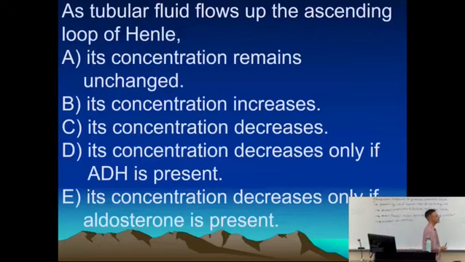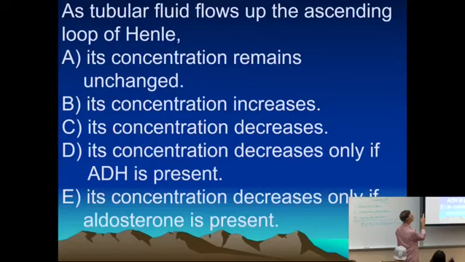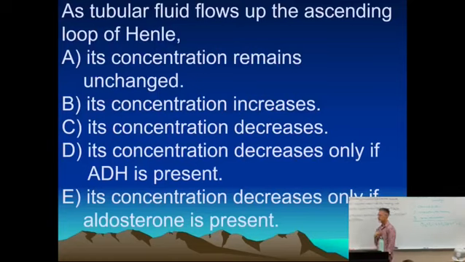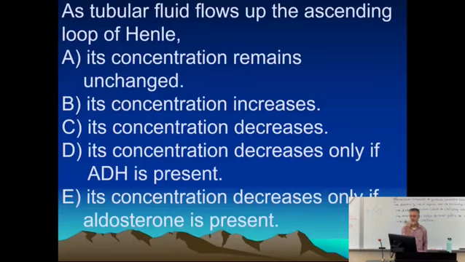Still in the kidneys. We're in the nephron itself, and this says, as tubular flow, or fluid, flows up the ascending loop of Henle, what happens? C, concentration decreases.